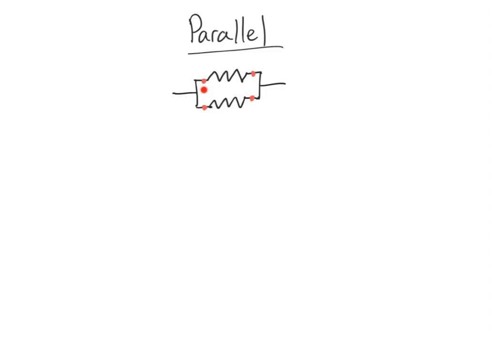And so if these two points are at the same value of V, and these two points are at the same value of V, then the difference from here to here is the same as the difference from there to there.